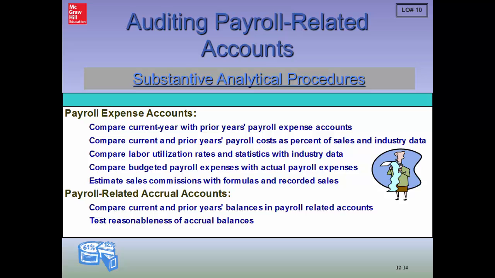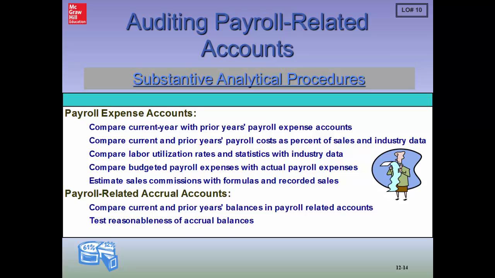Compute the labor utilization rates and compare statistics with industry standards, compare budget with actual. It's very interesting how the budget process becomes very important as we are working through understanding what's taking place within the organization.